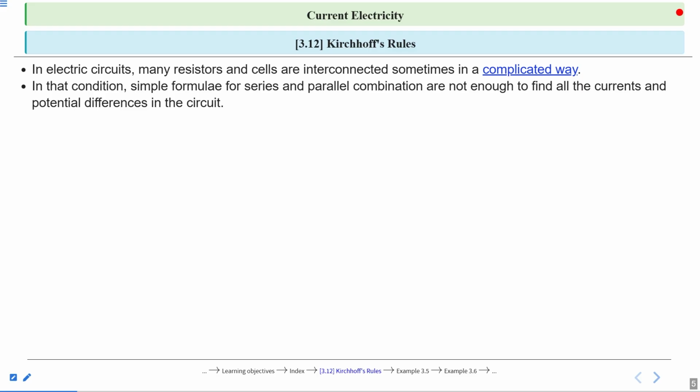In that condition, the simple formulae for series and parallel combinations are not sufficient to find all the currents and potential differences in the circuit, because we cannot determine whether the resistors are connected in parallel or series. In that state, we use two Kirchhoff's rules to solve complex circuit problems.